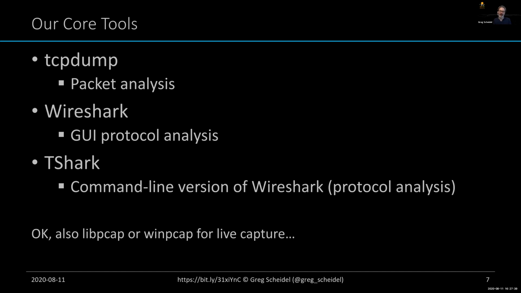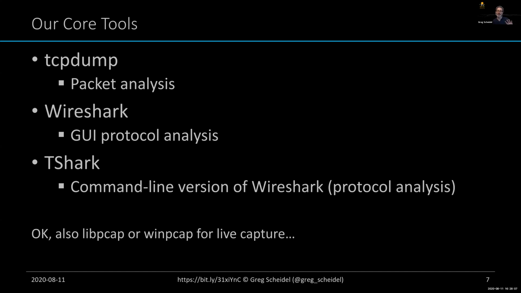Technically, they're not the things that are pulling the packets off of the wire or out of the air in the case of wireless communications. The two most common examples of the things that do that are libpcap and WinPcap. Those are actually interacting with the kernel, working with the network card to grab the packets and then present them to tools like tcpdump, Wireshark, or TShark.